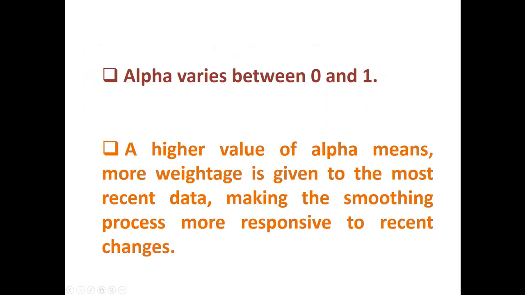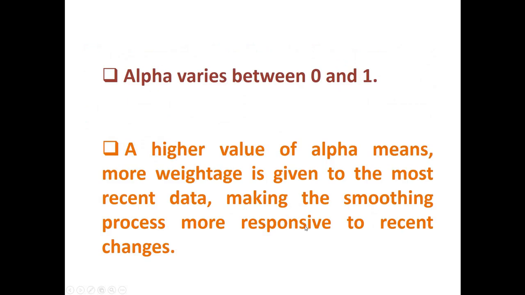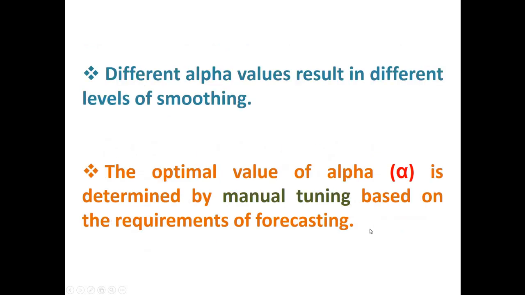So alpha varies between 0 and 1. With a higher value of alpha, more weightage is given to the most recent data, making the smoothing process more responsive to recent changes.